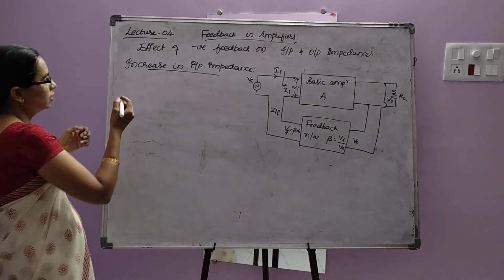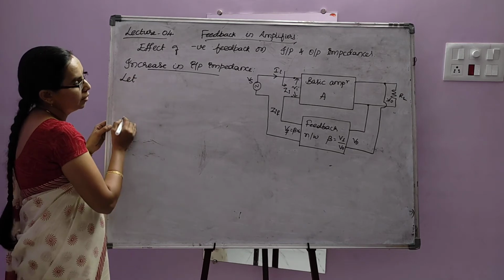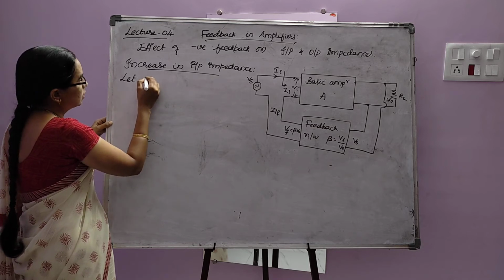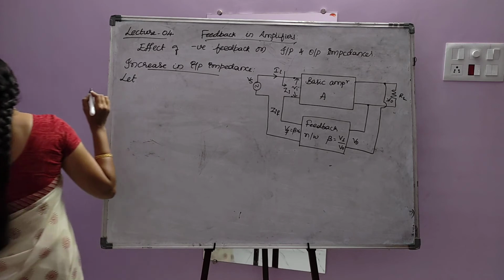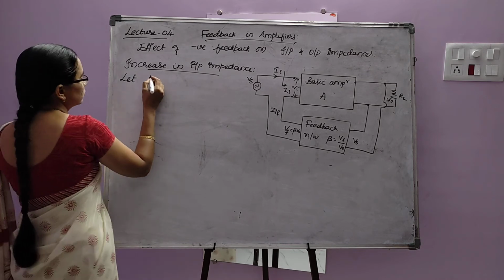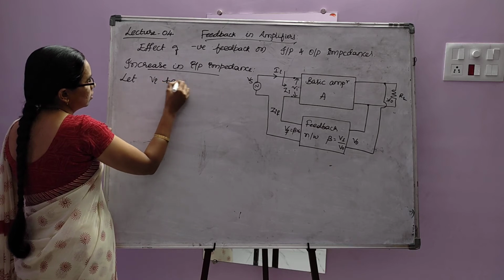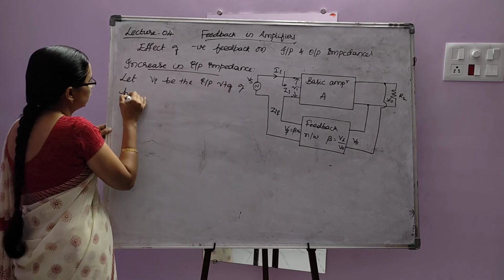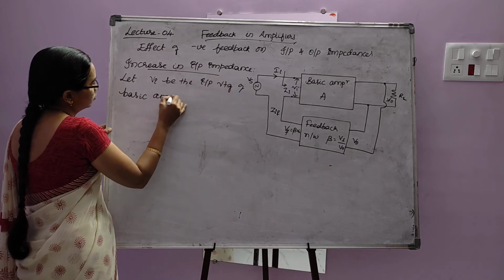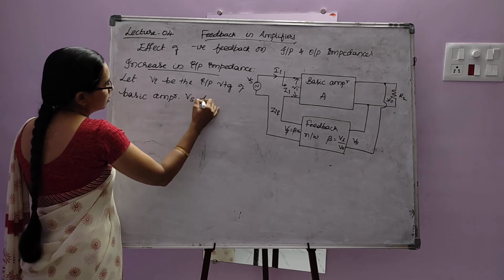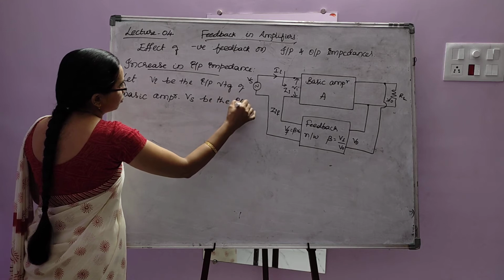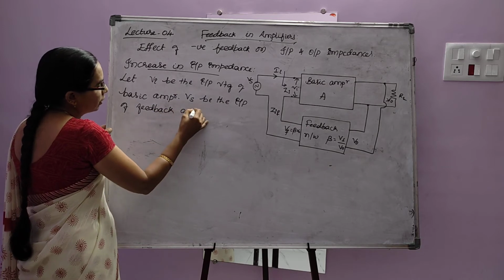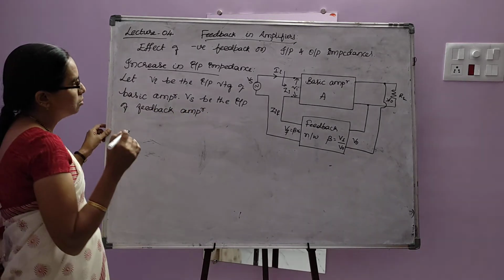So let Vi be the input voltage of the basic amplifier and Vs be the input of the feedback amplifier or closed loop amplifier, whatever you want you can write, but circuit explanation is a must here.